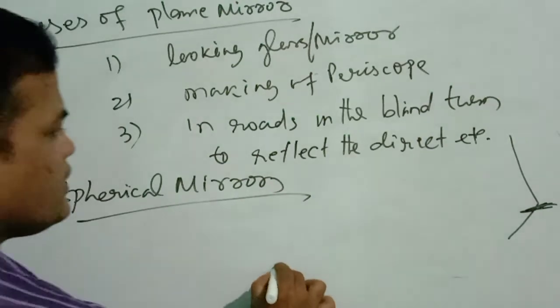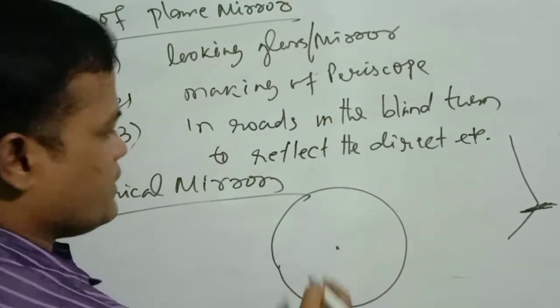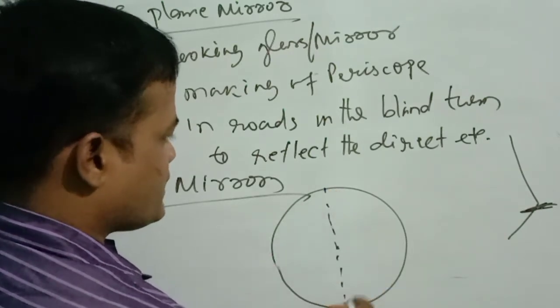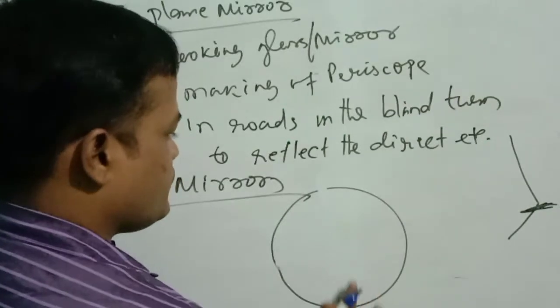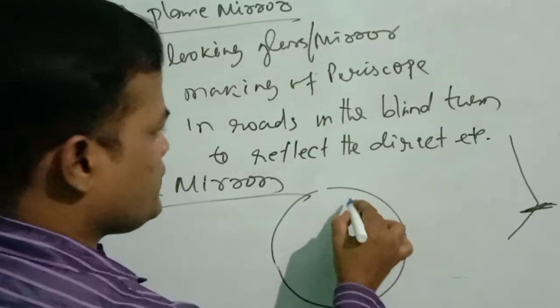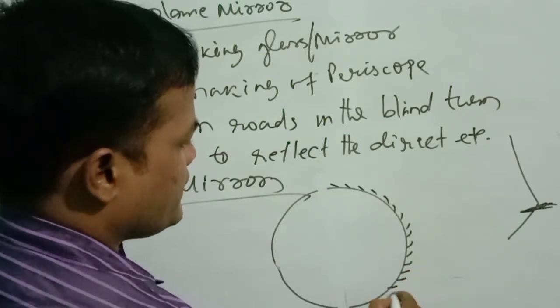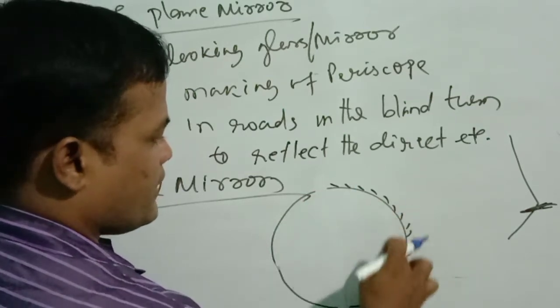We know that spherical mirrors originally belong to a sphere. This is a part of the sphere. If we cut it here into two parts, then two mirrors are formed. If we are coating the outer surface, then it will be a concave mirror.